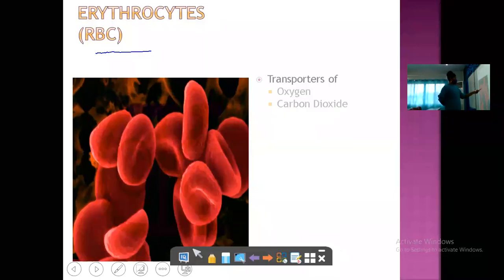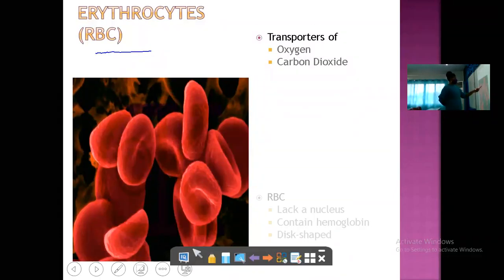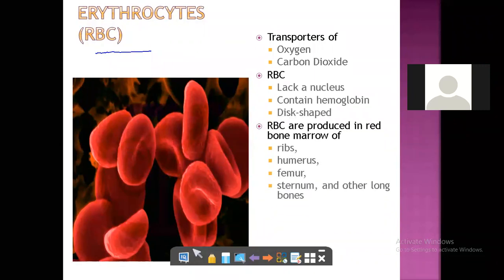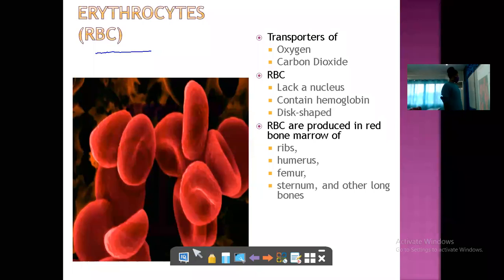Another special feature about the red blood cells: they do not contain cell organelles.